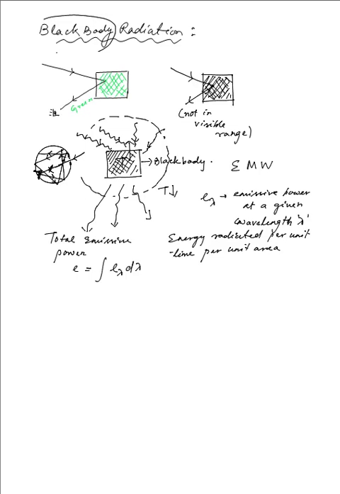This obviously is in watt per meter squared, which is energy per unit time per unit area. Different surfaces will have different emissive powers. For a given surface, the emissive power changes with temperature.